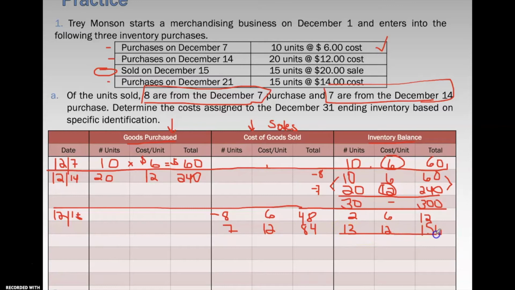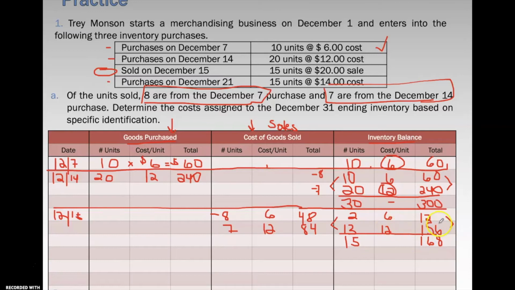So what's the total here? How many units do I have? I have 15 left, right? 2 plus 13. And then how much did it cost? 12 plus 156 gives me 168. Okay, and then we're done with that date.